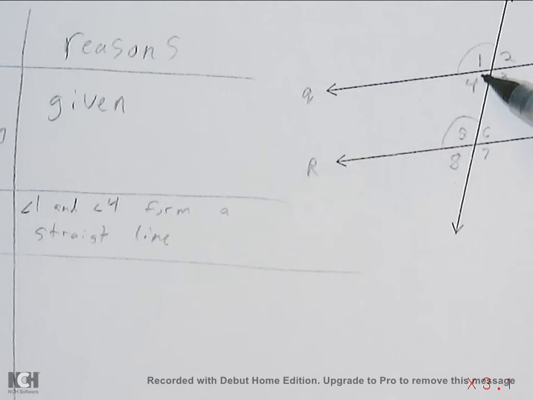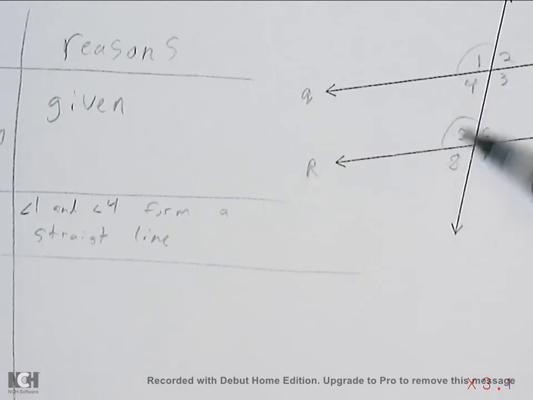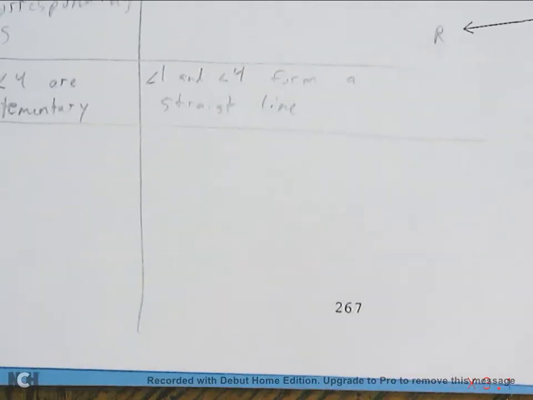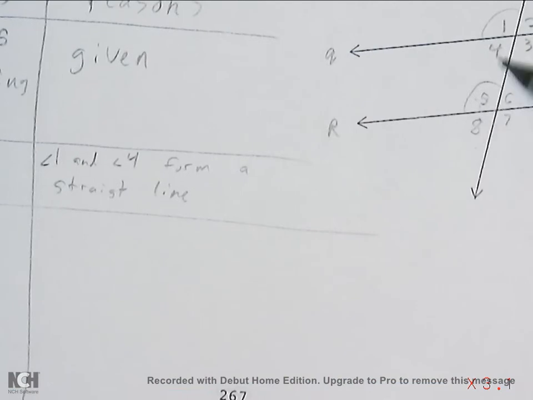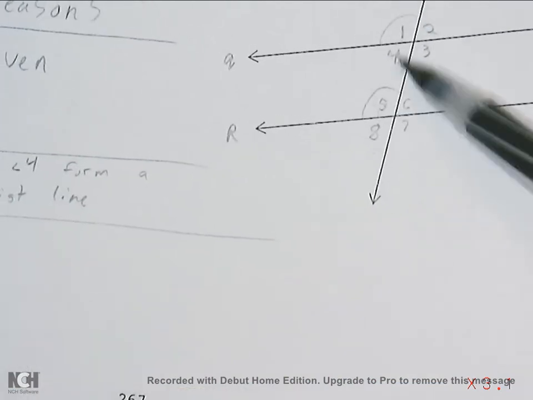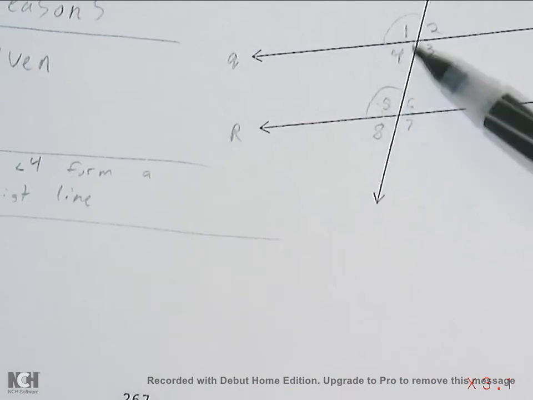If I take angle 4 and put it where angle 8 was, it would be a straight line, right? Plus that's the consecutive interior angle theorem, which I can use. I can use either of those. So I either know 4 and 5 form a straight line using supplementary, or I could use the consecutive interior angle theorem that says they form a straight line as well.